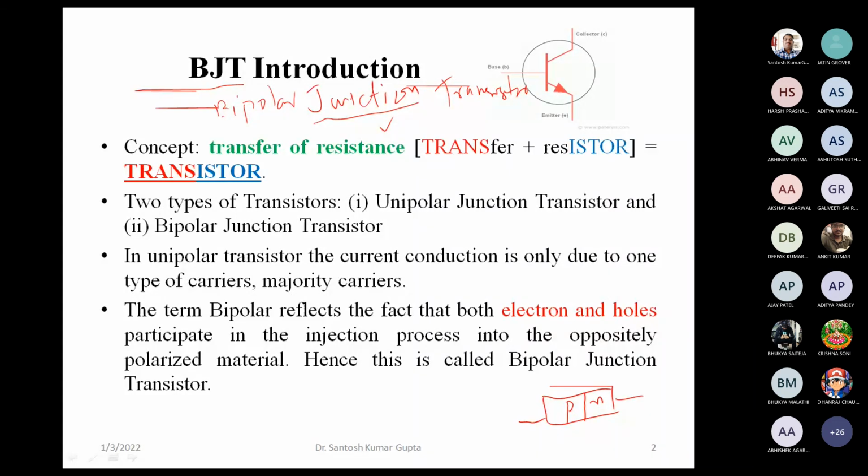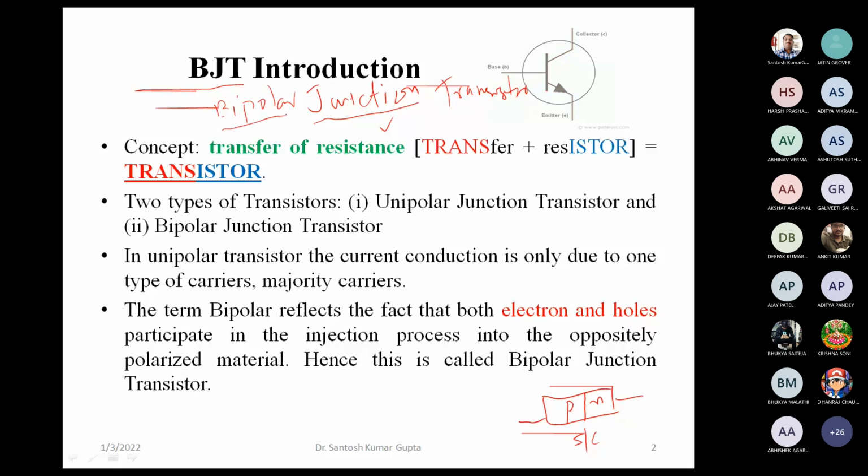In general, whenever we put two dissimilar materials together, we get a kind of junction between those two materials. So here we are talking about semiconductor materials having P and N type natures, kept together, forming a junction between them.